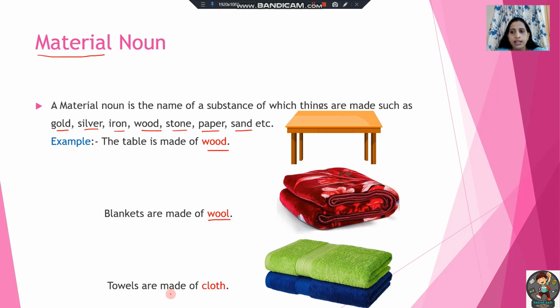Similarly, in the third sentence, towels are made of cloth. So here we are talking about towels which are made by cloth. So the cloth will be a material noun here. Similarly, material nouns can be gold, silver, copper, aluminium, rubber and so many things. So many names of materials can be material nouns.